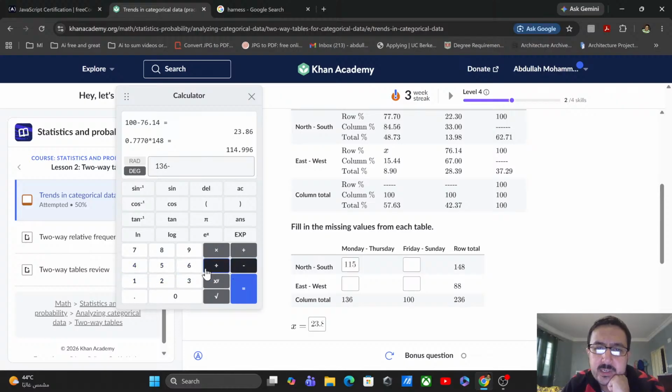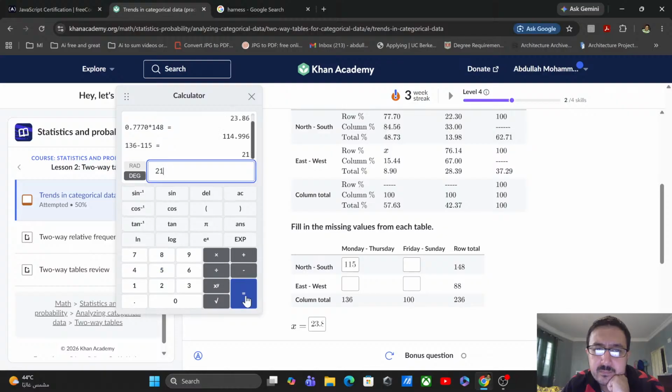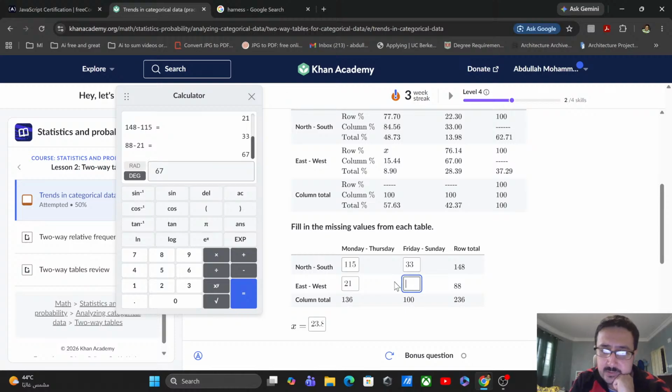Don't think 115. Go to 21. Go 148. 148 minus 115, 33. 88 minus 21, 67. Let's add them all together.